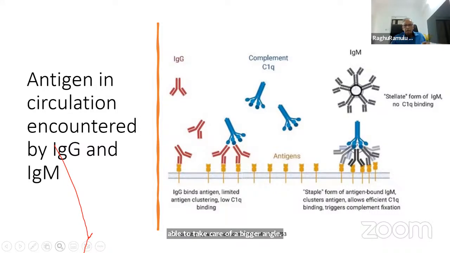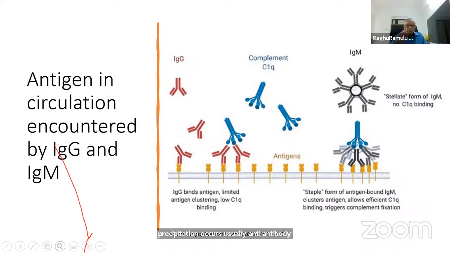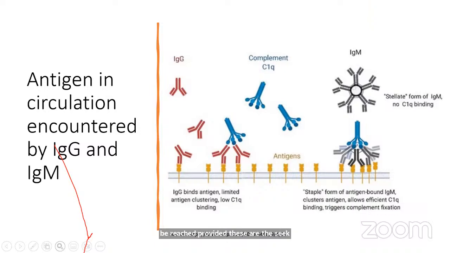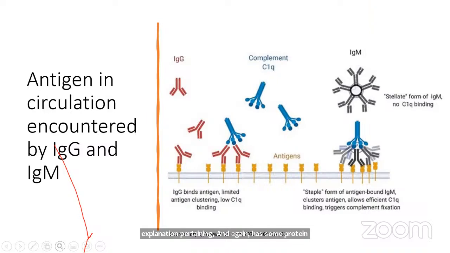Now, let us take what happens during accumulation of antigen antibody complexes. Usually, precipitation occurs. Usually, antigen antibody climax will be reached, provided the sequence of amino acids around the antigen is reversed by the antibody. Let me give you an explanation. Antigen has some protein or amino acid sequence on the surface.